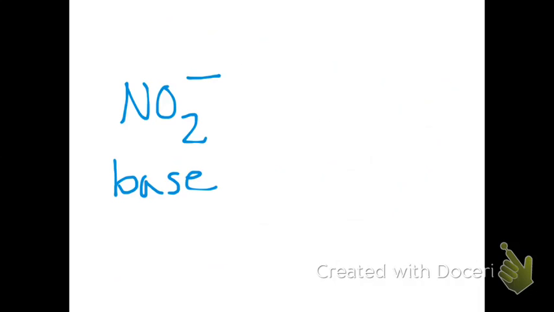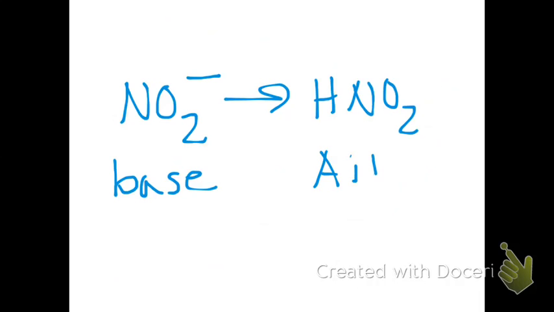So if NO2 minus is a base, then it picks up an H plus, and it would be HNO2. And it goes from a minus to neutral because it's picked up a proton. And so that becomes my acid. And there's only one proton difference still. Alright? So I'm hoping you've seen what we're doing here.